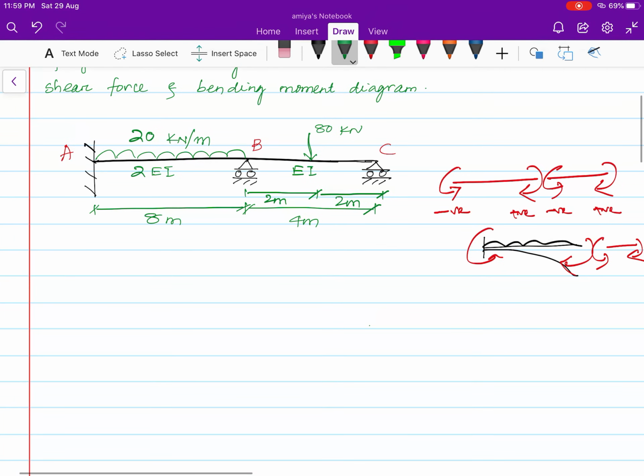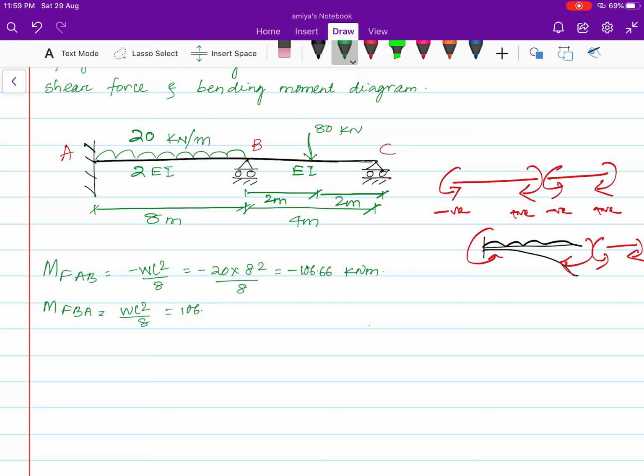So fixed end moment first is negative. So we will be writing fixed end moment for AB, if it is UDL, WL square by 8. So minus 20 into 8 square by 8, this is minus 106.66 kilonewton meter. Similarly from B to A, fixed moment BA is positive WL square by 8, equal to 106.66 kilonewton meter.